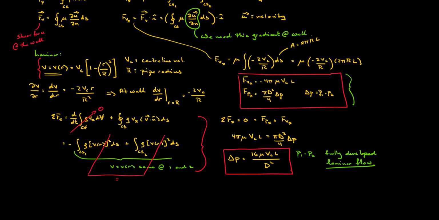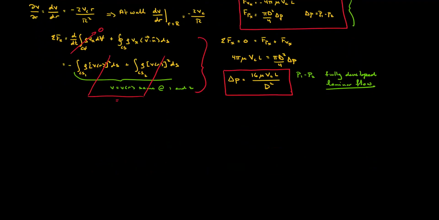Now, using the centerline velocity is not always easy. Oftentimes we know the flow rate. So let's express this in terms of the flow rate Q. Recall that Q is equal to our velocity multiplied by the area.